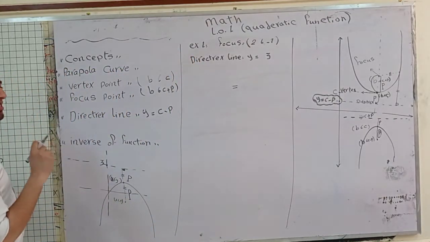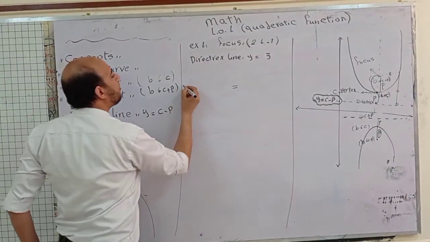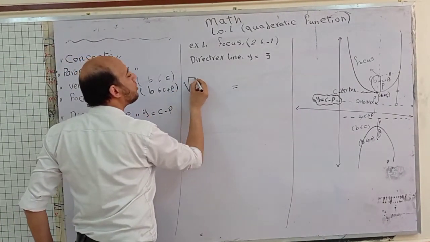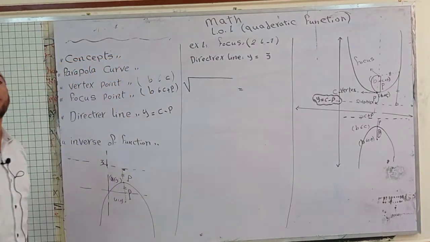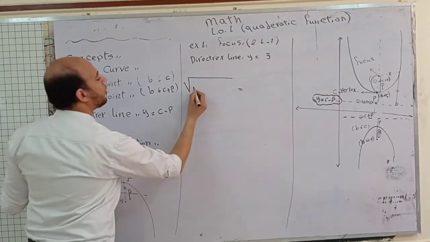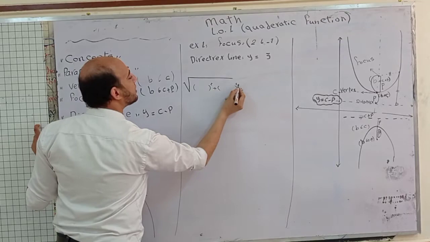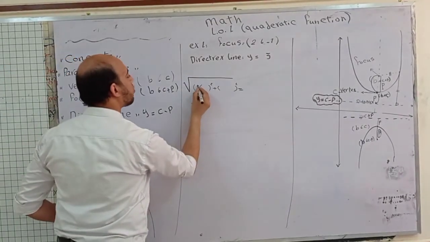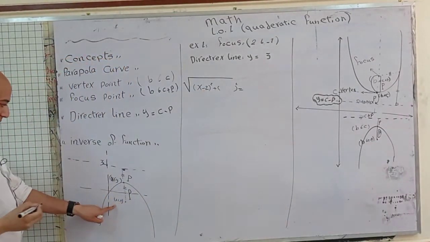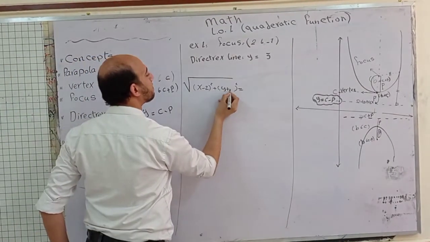We will make an equation for these equivalent distances. The first distance, between this point and the focus, we will get by the law of distance between two points. You remember it. The square root of (x minus 2) all squared plus (y plus 1) all squared.